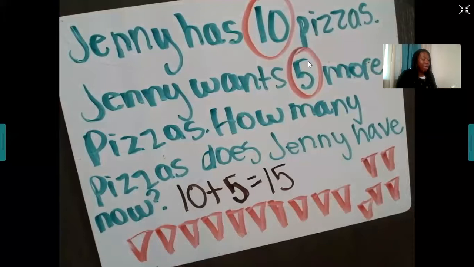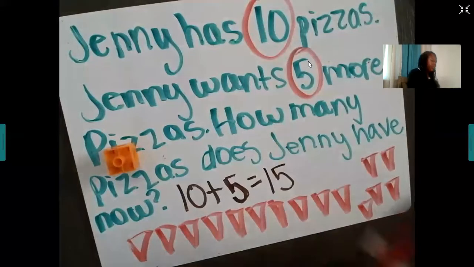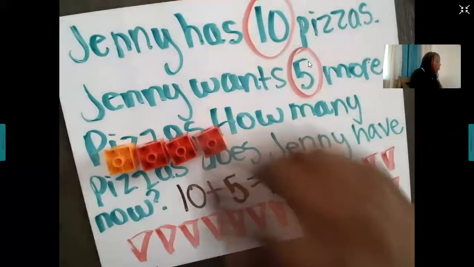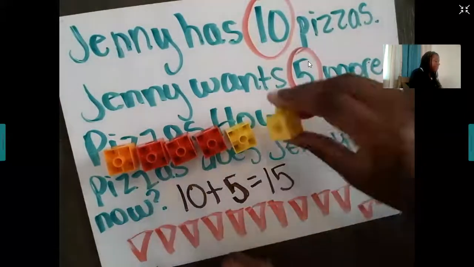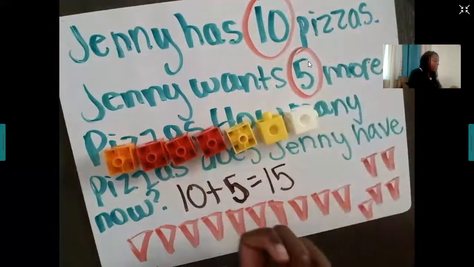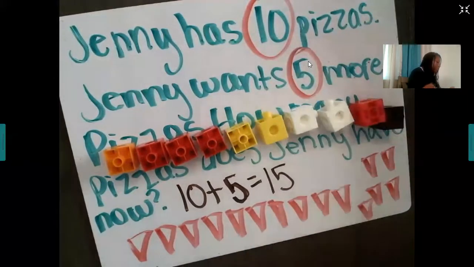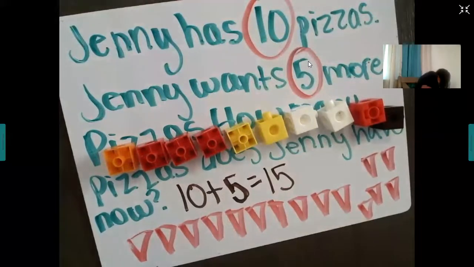You can draw it out or you can use your manipulatives like we spoke about earlier to check your work. I'm going to show you with the manipulatives very quickly. 1, 2, 3, 4, 5, 6, 7, 8, 9, 10. Now I'm going to add 5 more for Jenny.